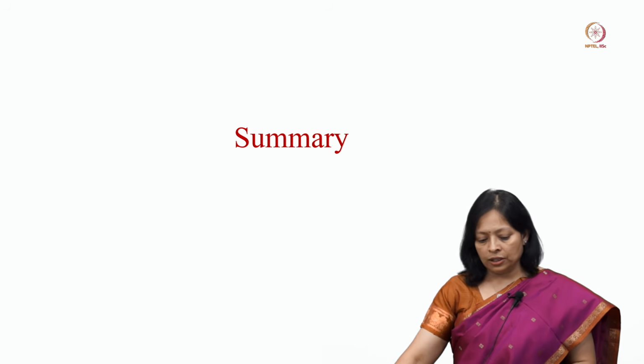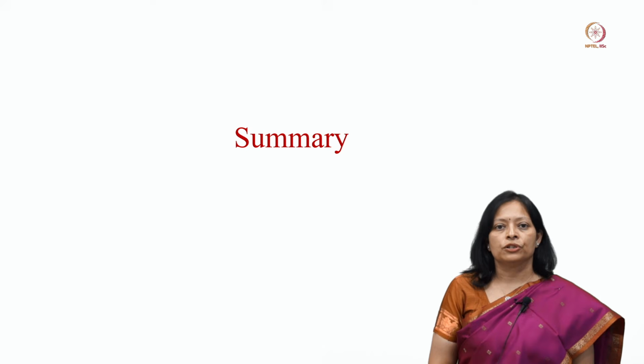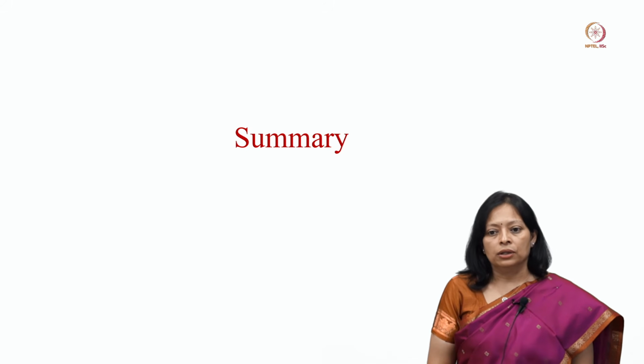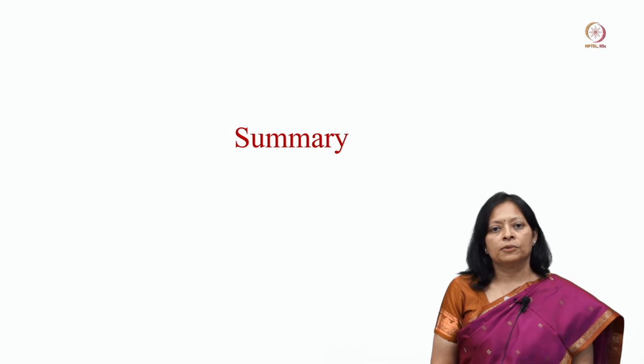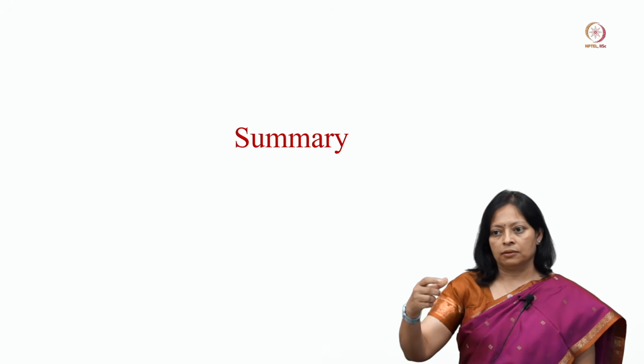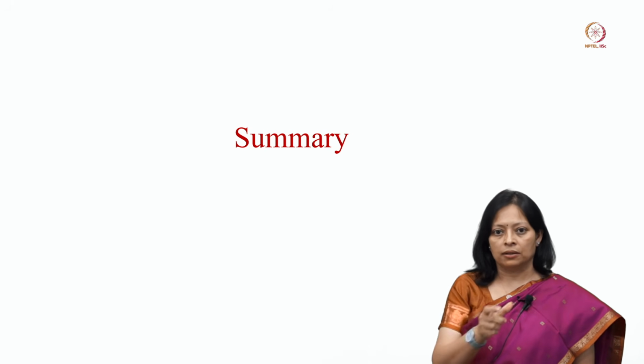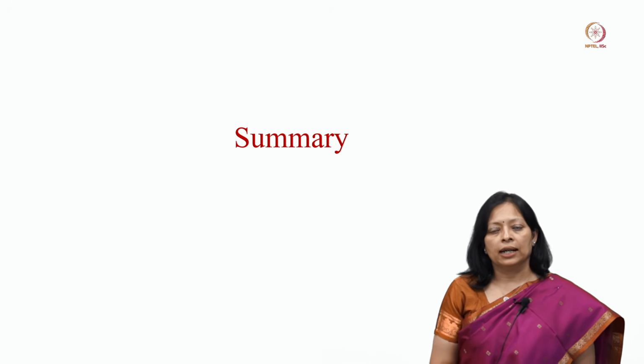Before I conclude, let me summarize what we have learned today. We have looked into UNet with attention, where the structure is very similar to the normal UNet architecture. It has a downsampling path and an upsampling path, the encoder and the decoder, with a bottleneck.